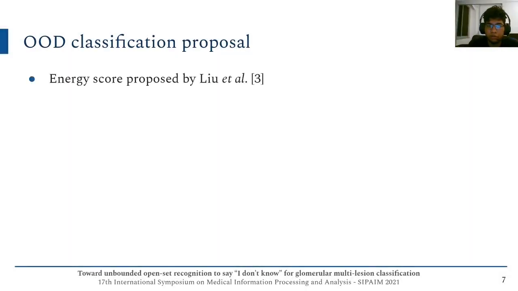We use the energy score proposed by Liu et al., here we have the formula, where K is the number of classes, f of x is the output of the network, and T is a temperature scale value, which they recommended defining as 1.